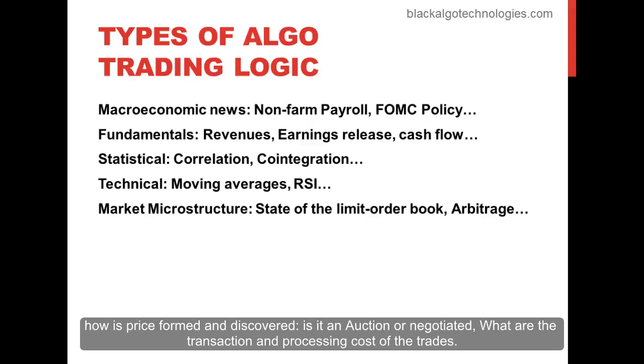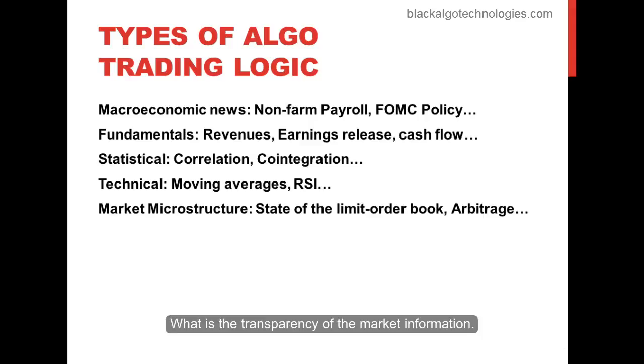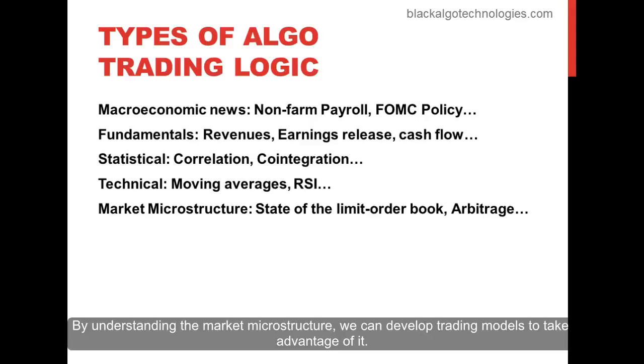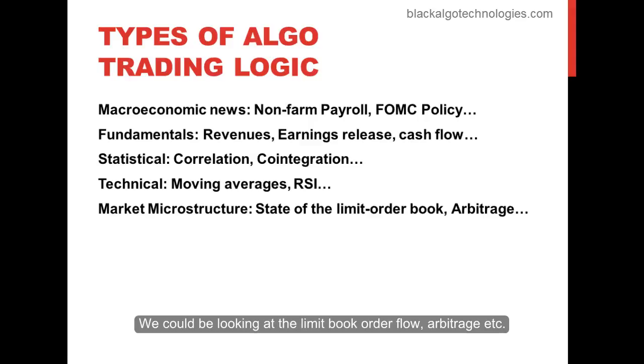Is it auctioned? Is it negotiated? What are the transaction and processing costs of the trades? And what is the transparency of the market information? By understanding the market microstructure, we can develop trading models to take advantage of it. We could be looking at the limit book order flow, arbitrage, etc.